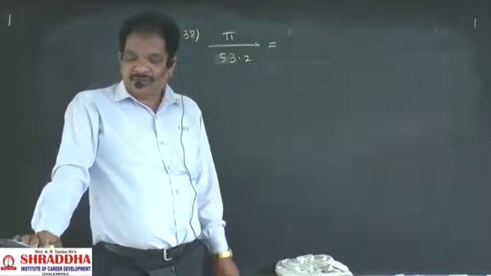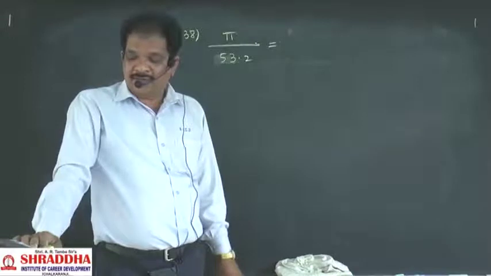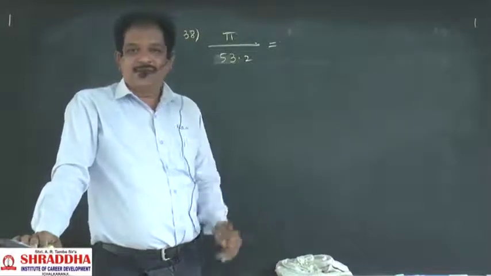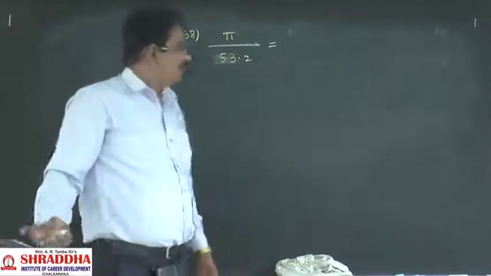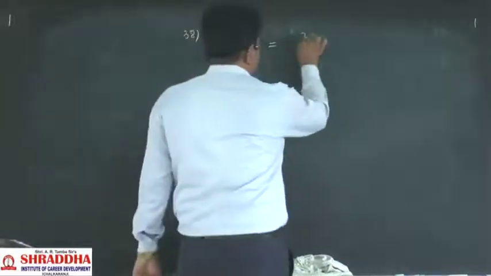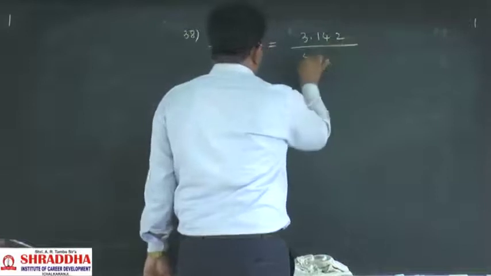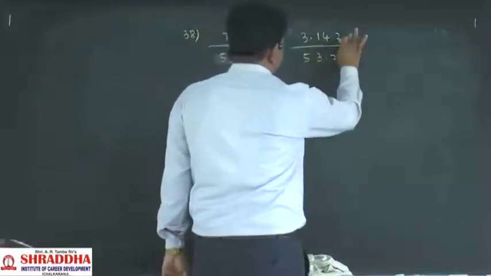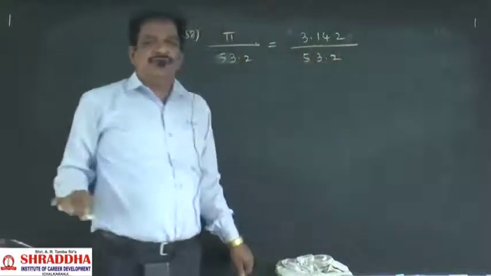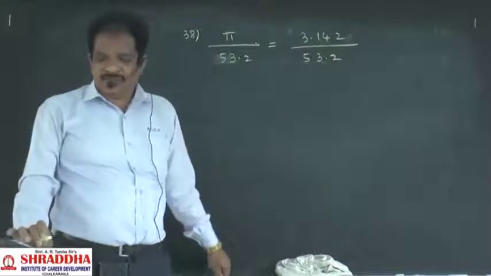So our A will have 3, B will have 3, C will have 3. We can't apply the logic here. So pi value will be 3.142. Actually more numbers will come after the decimal point, 3 digits we can consider, that is more than enough.